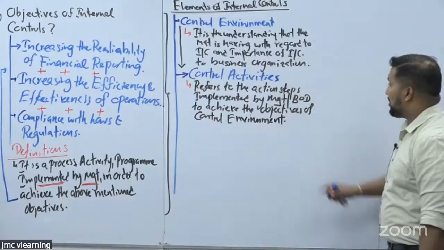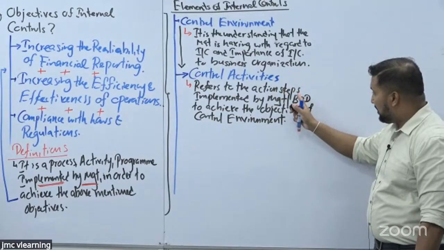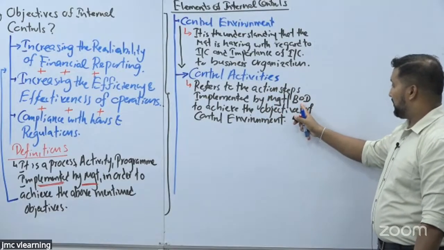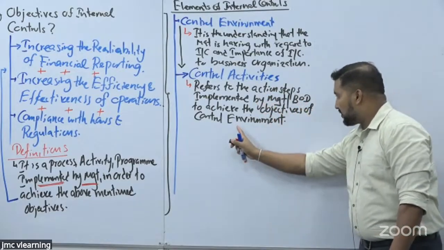Clear? So the control activities refers to the action steps implemented by the management or the board of directors to achieve the objectives of the control environment.